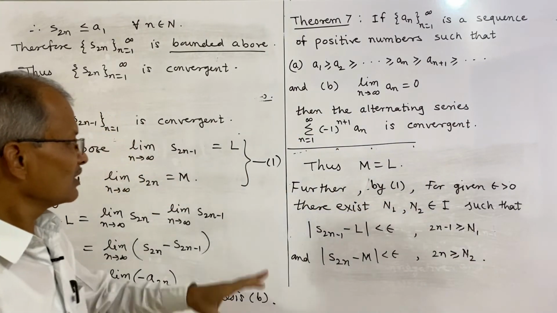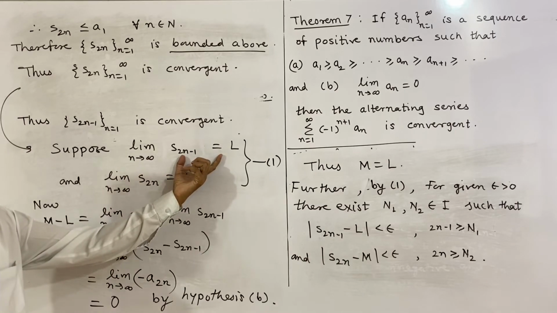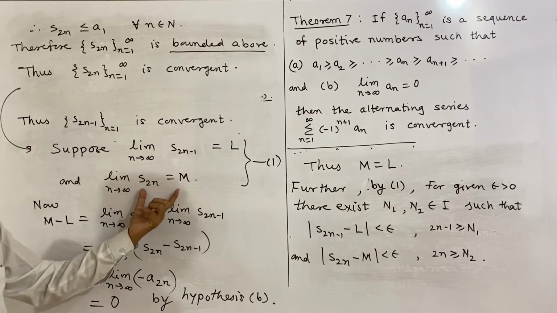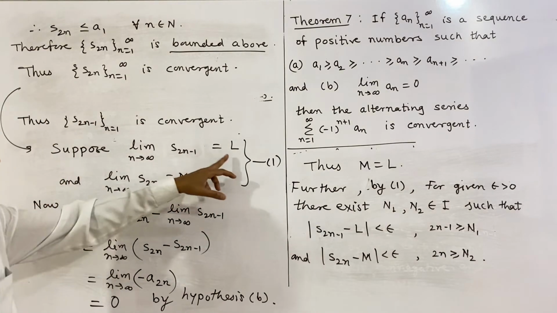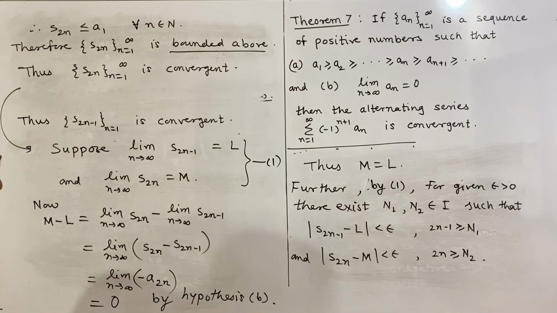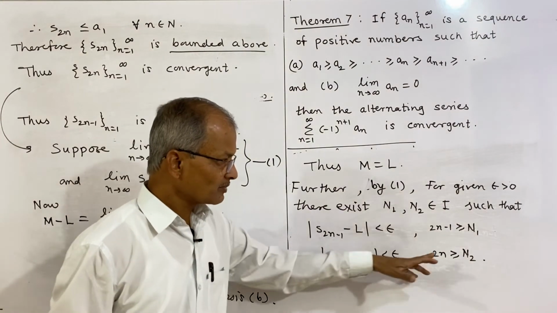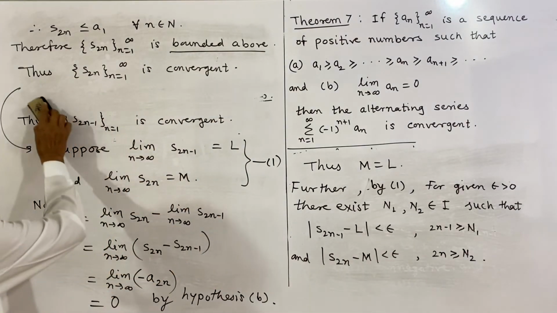Here we have used the definition of limit of a sequence. The absolute difference of these two is less than epsilon. Similarly here, the absolute difference of these two is less than epsilon, because the limits of these sequences are L and m. But if you choose capital N as the maximum of n1 and n2, then both these hold.